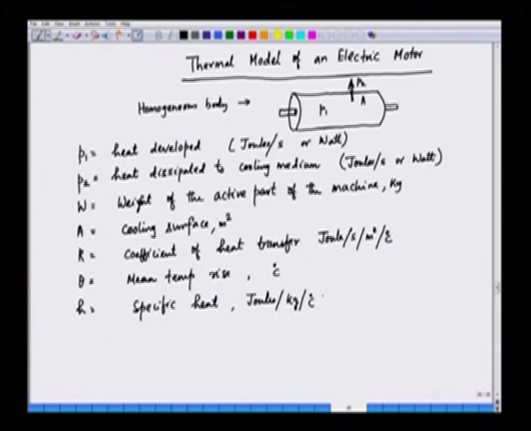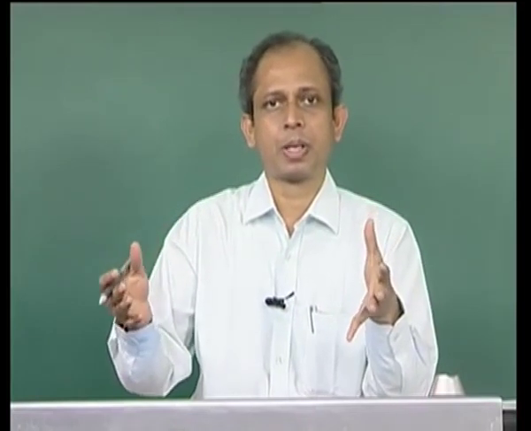Now, since we have assumed that the motor is a homogeneous body, we can also think that the motor has got a uniform specific heat. The specific heat of the entire mass is given by H.